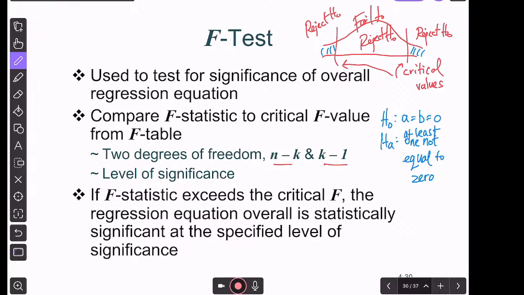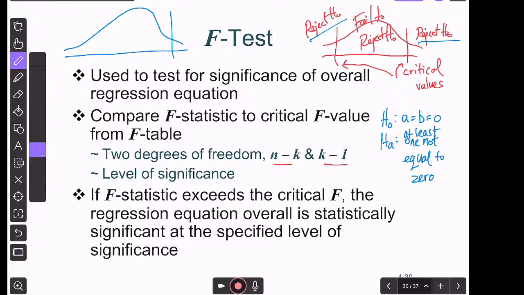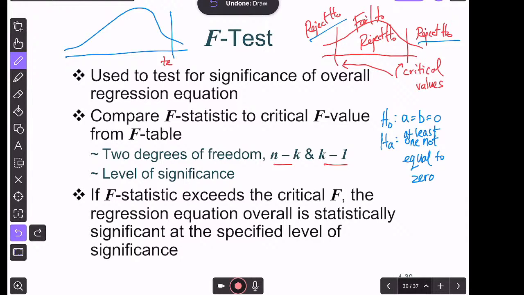If you have the critical values, you check if you need to reject, or you calculate your test statistic. In this case, it's called an F statistic. And then you compute the p-value.